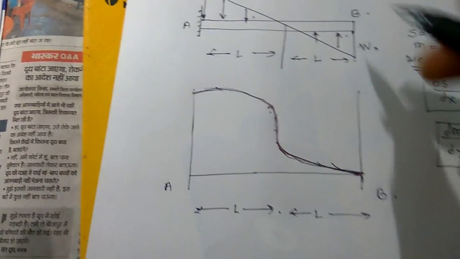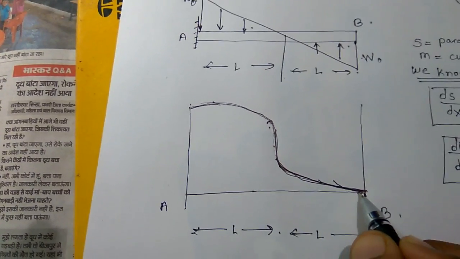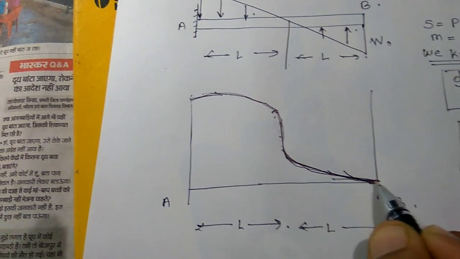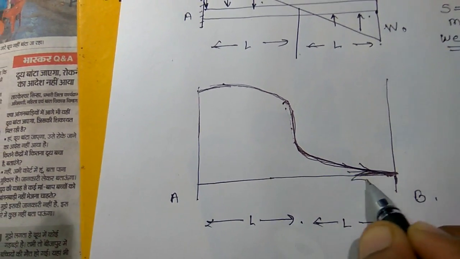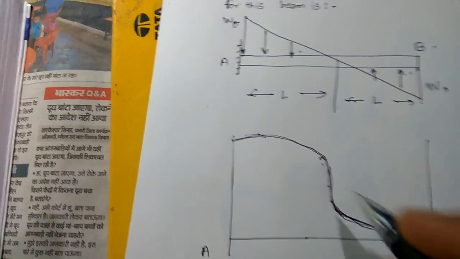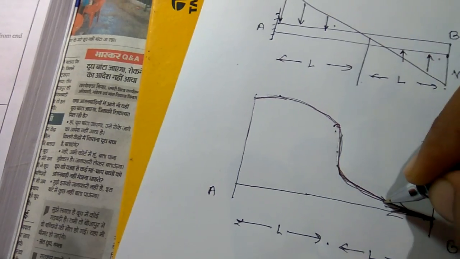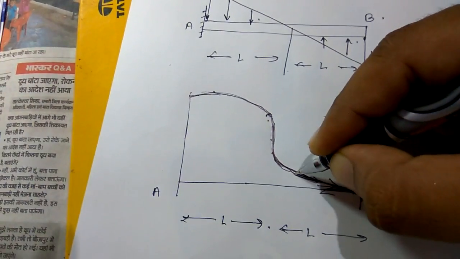Here there is no shear force, so the slope of the bending moment diagram becomes 0. The slope becomes 0 because if we draw a tangent at any point on the bending moment diagram, that gives the slope.